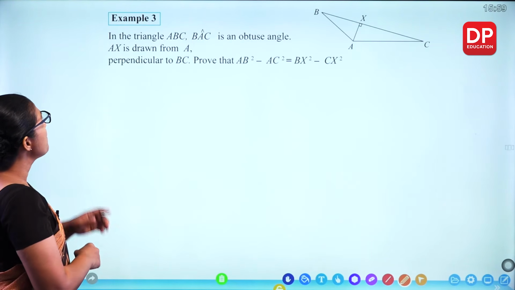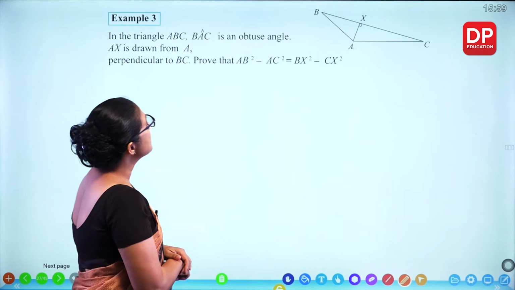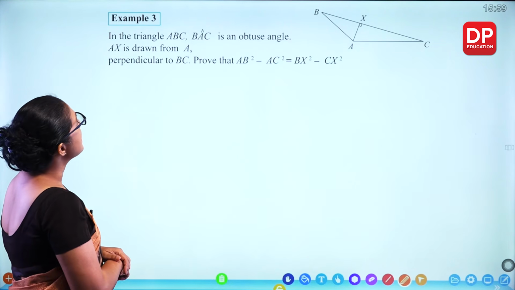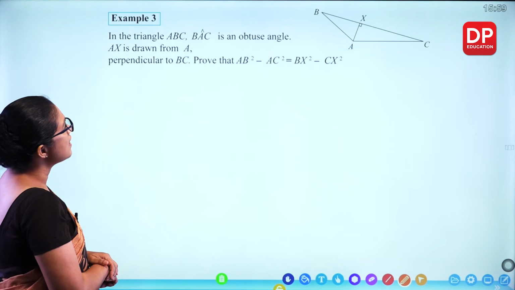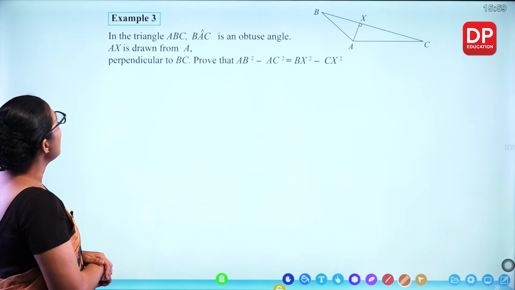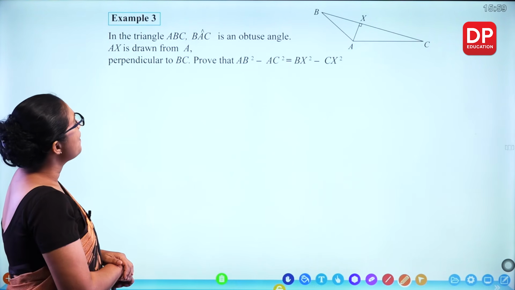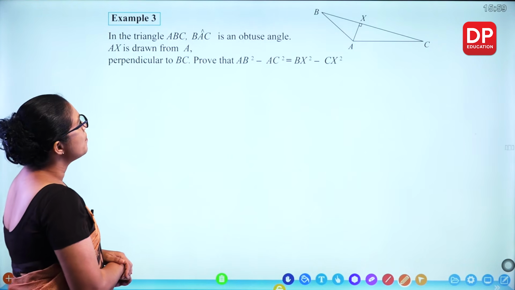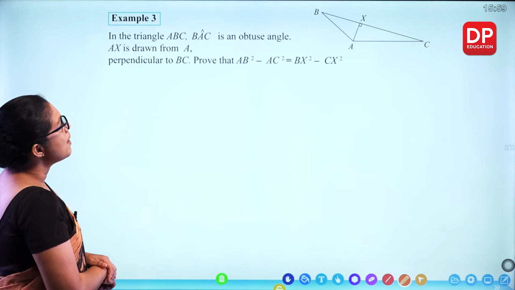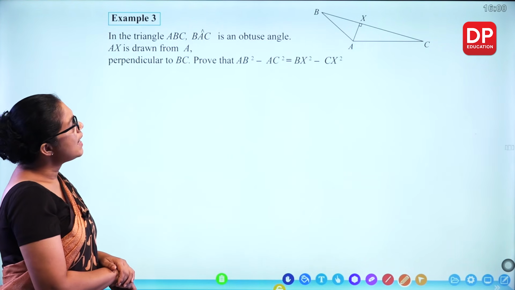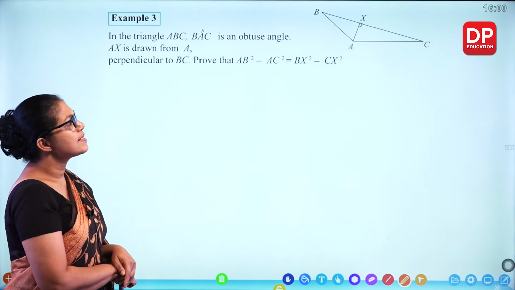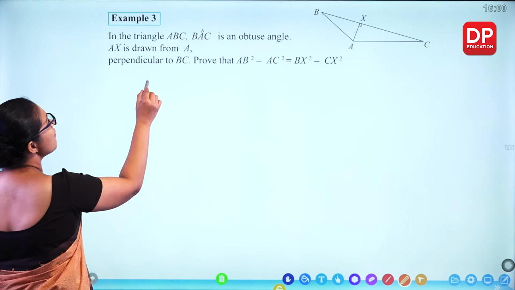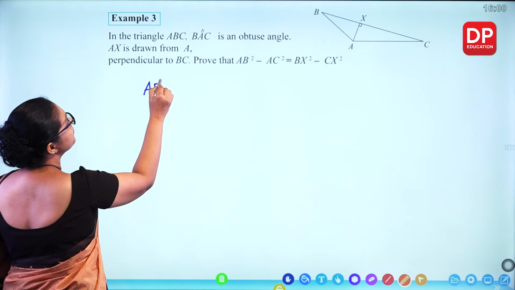Example number 3. In the triangle ABC, BAC angle is an obtuse angle. AX is drawn from A perpendicular to BC. Prove that AB squared minus AC squared is equal to BX squared minus CX squared. So we'll first find out AB squared.